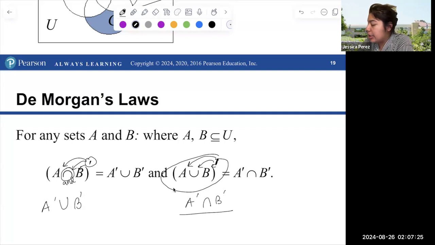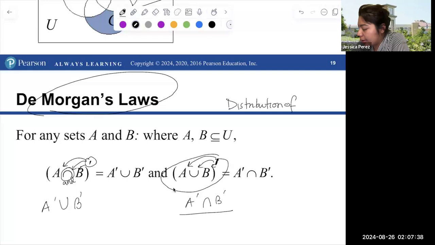So pretty much De Morgan's law is a distribution of your apostrophe, and that will switch everything. So instead of A, it's now A prime or the complement.